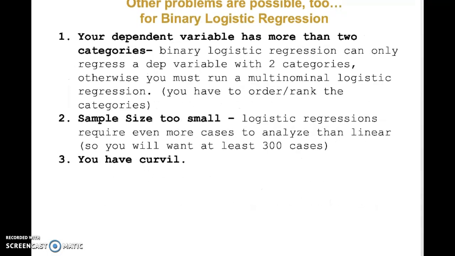Binary logistic regression, other problems. Your dependent variable has more than 2 categories. You cannot run a binary, bi meaning 2, binary logistic regression with more than 2 categories. We actually do have what we call multinomial logistic regression or ordinal logistic regression, but you have to order and rank the categories. And again, that's something that sometimes PhD students don't even learn.